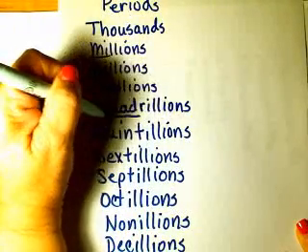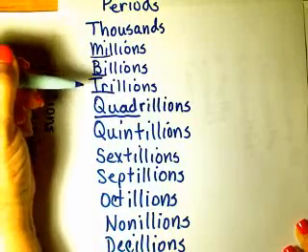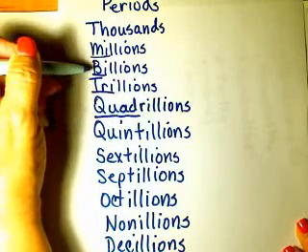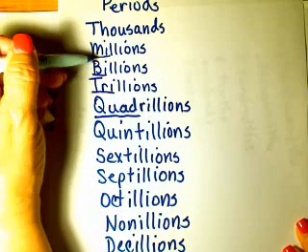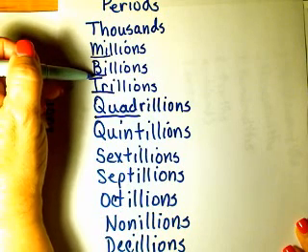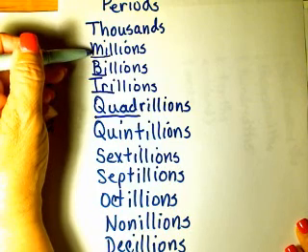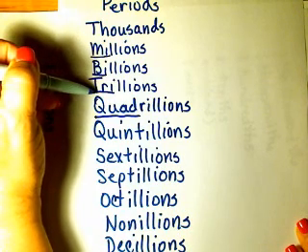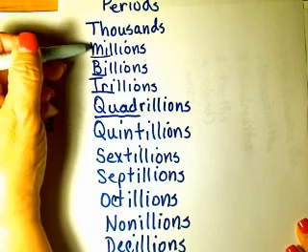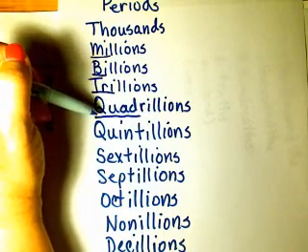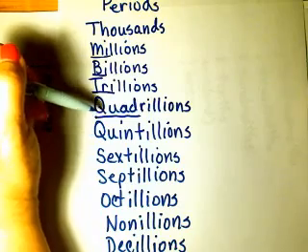Quad is your fourth, because all these prefixes represent where they fall after millions. So bi is like bicycle, 2, so it's the second period after millions. Tri is like a tricycle, 3. Quad, like a quad racer, 4.